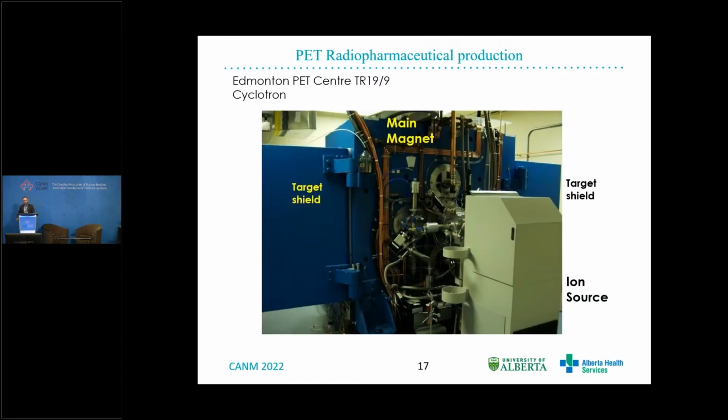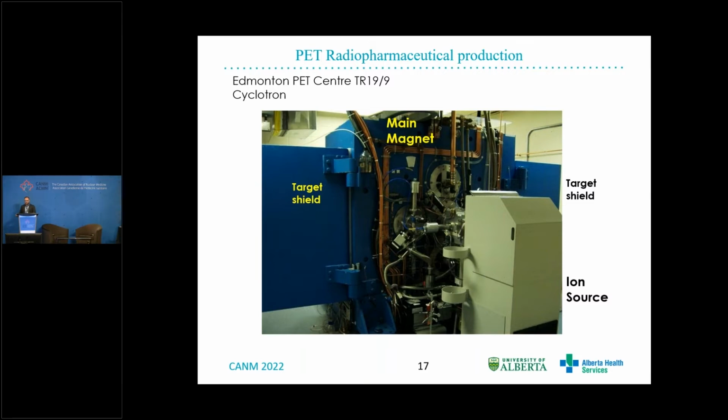Okay, so a little bit about the cyclotron. This is our cyclotron we have at the Cross Cancer Institute. So the major parts are the ion source and the main magnet and the targets, which are here. There are shields, so we can't actually see the targets in this picture.